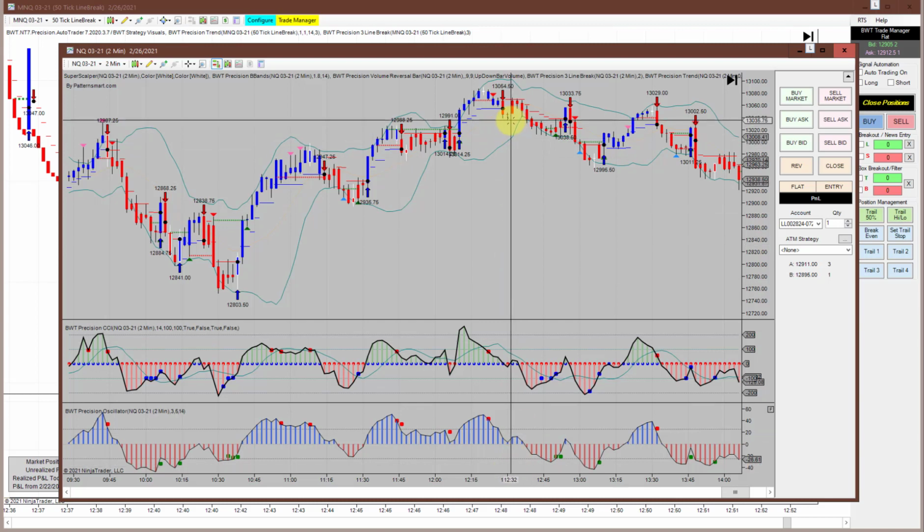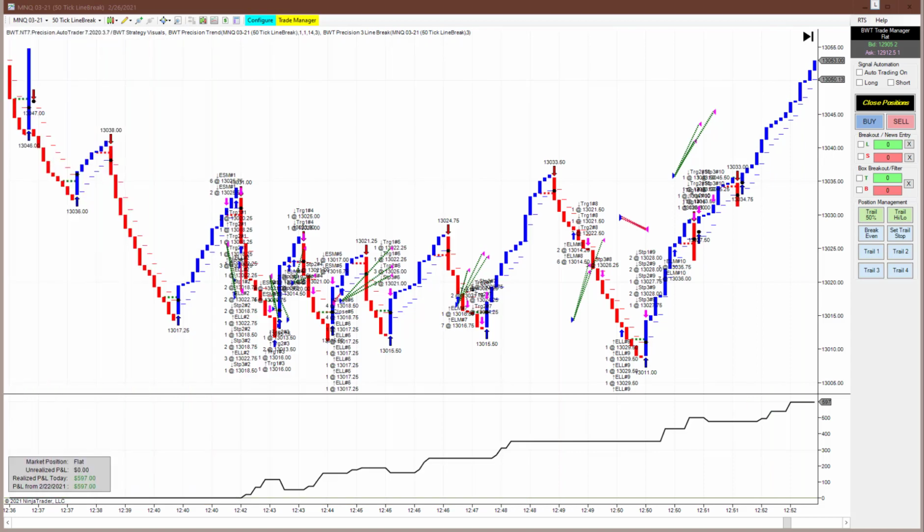So just between the swings here, I traded both long and short. There was a couple of short trades, and then I had it on short only, and then I switched to long only. And so it had a couple of short winners and then several long winners.